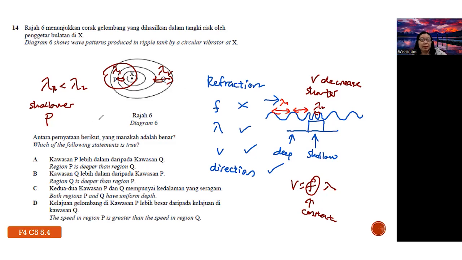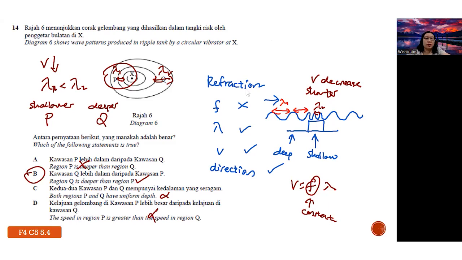Region P is deeper, wrong. Region Q is deeper, correct. Both have uniform depth, no, because they're really different in depth. The speed of P is greater, no, because by right it has a shorter wavelength, so the speed is slower.